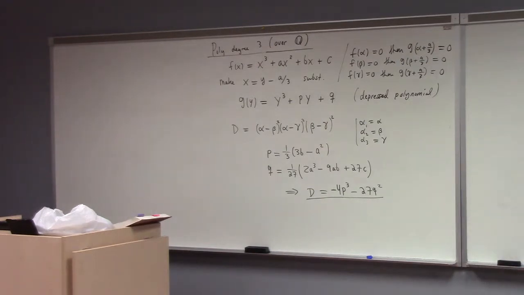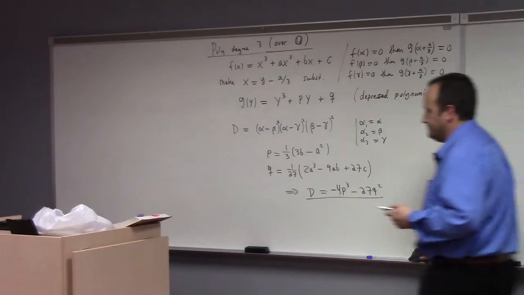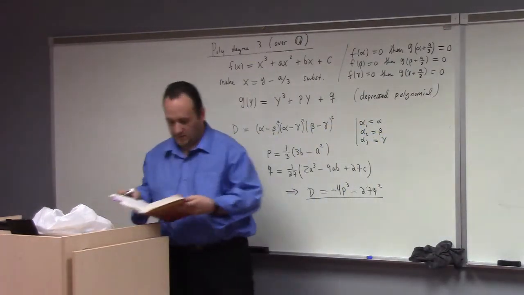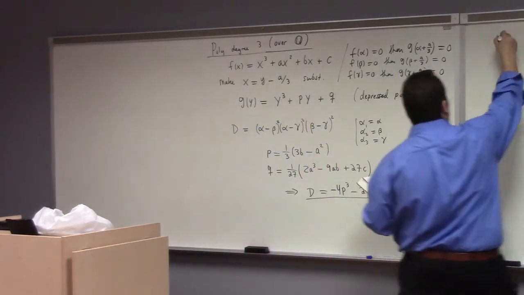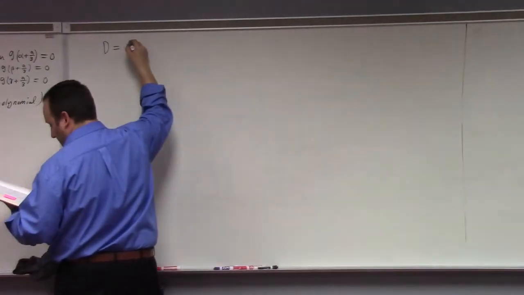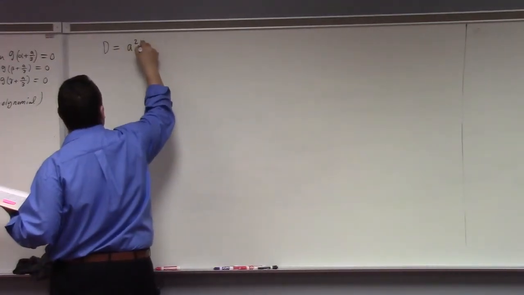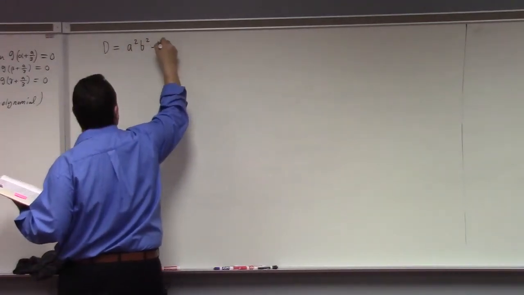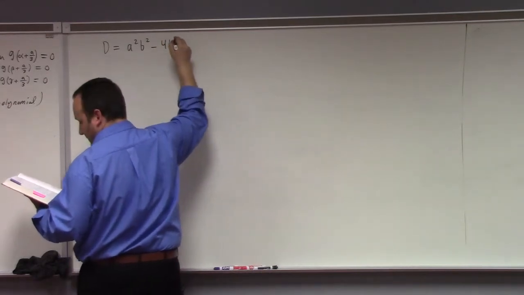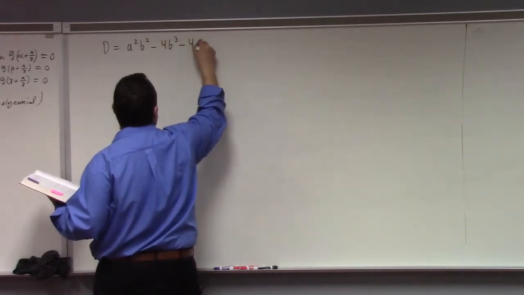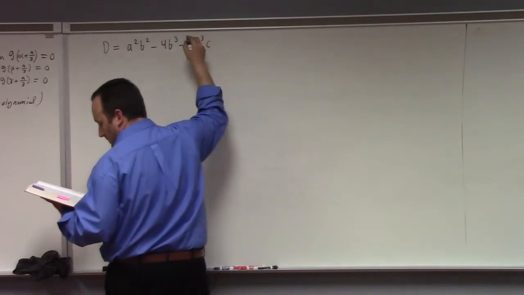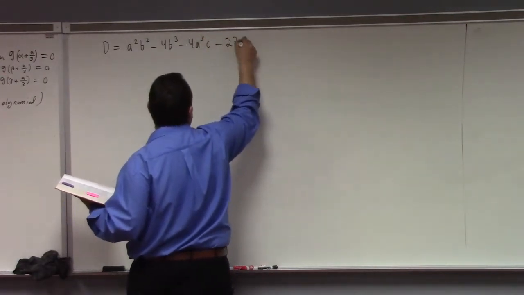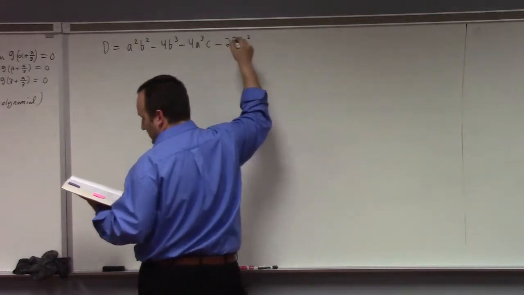It is a squared b squared minus 4b cubed minus 4a cubed c minus 27c squared plus 18abc.